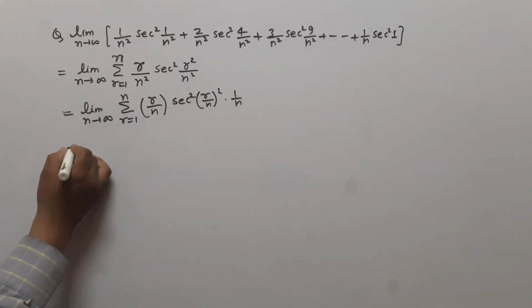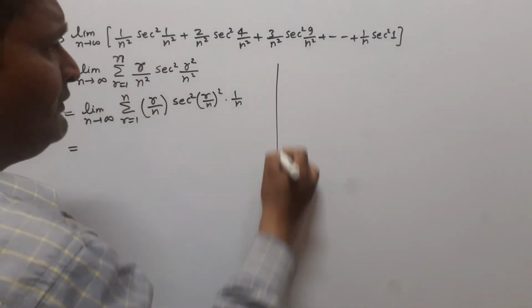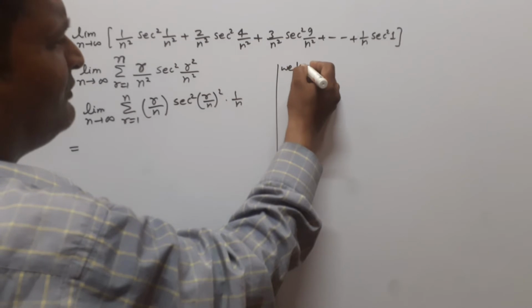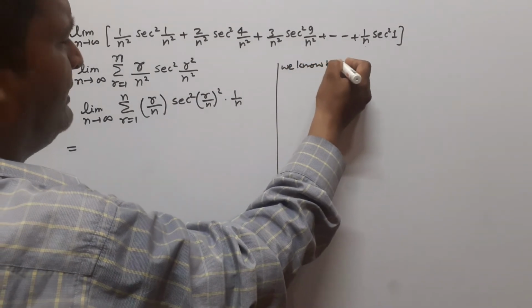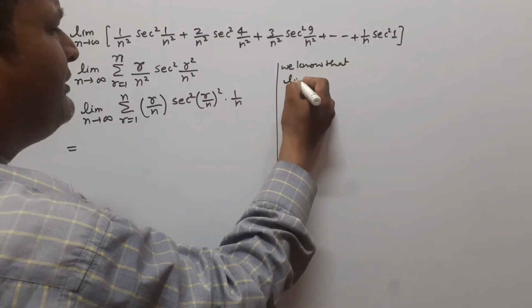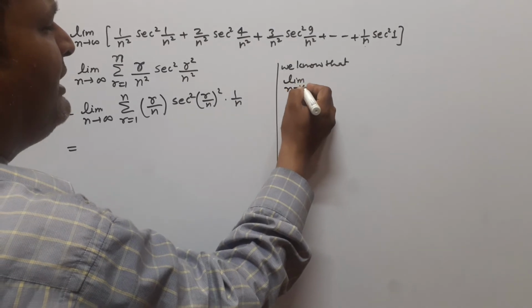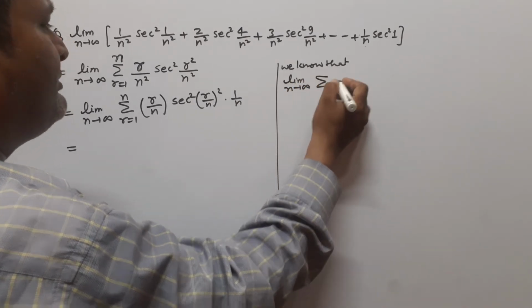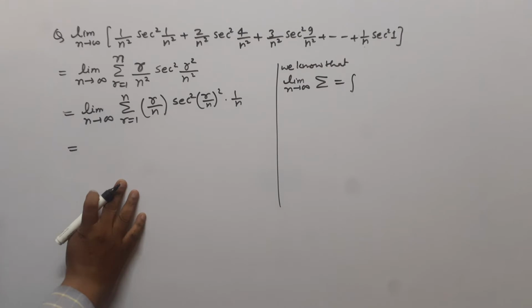Now we know that in place of limit n tends to infinity and the sigma sign, we write the integral sign.